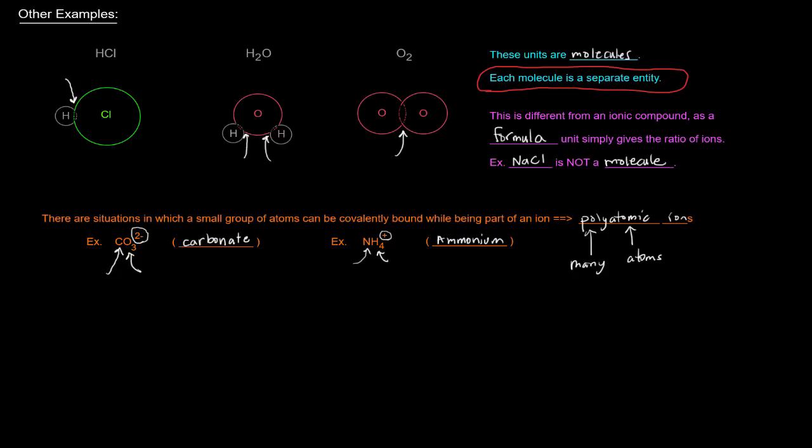These are not covalent compounds, but because we have nonmetals bound together, those are covalent bonds. So we'll have covalent bonds between these nonmetals, but overall there will be an overall charge. So it's not a neutral compound. That's why they're called polyatomic ions, okay?